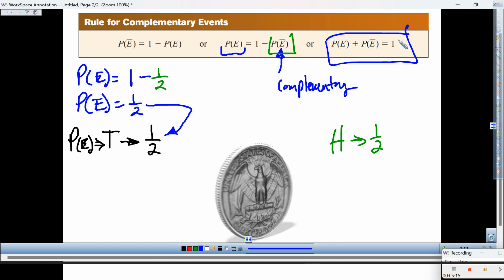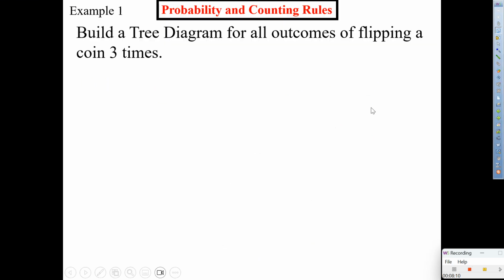What does it have to equal? 1. Yes? We got it? We're good. All right. So with that said, copy this one.